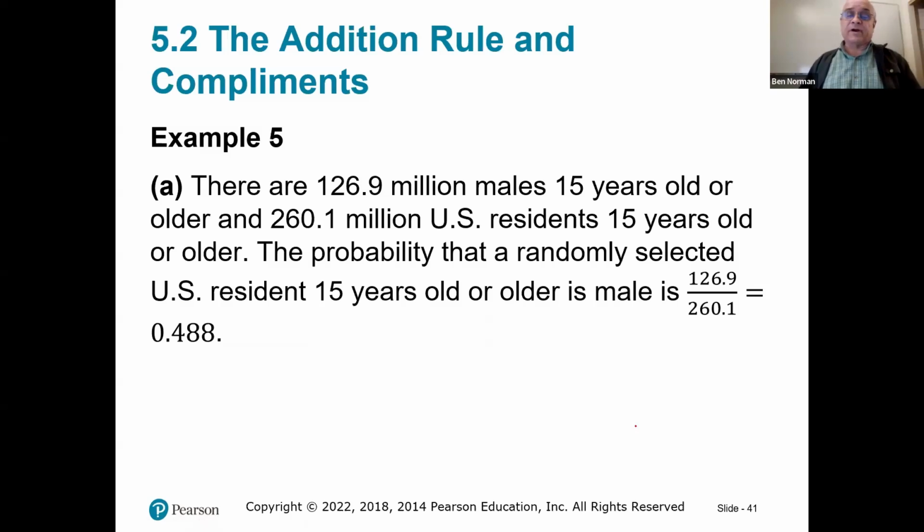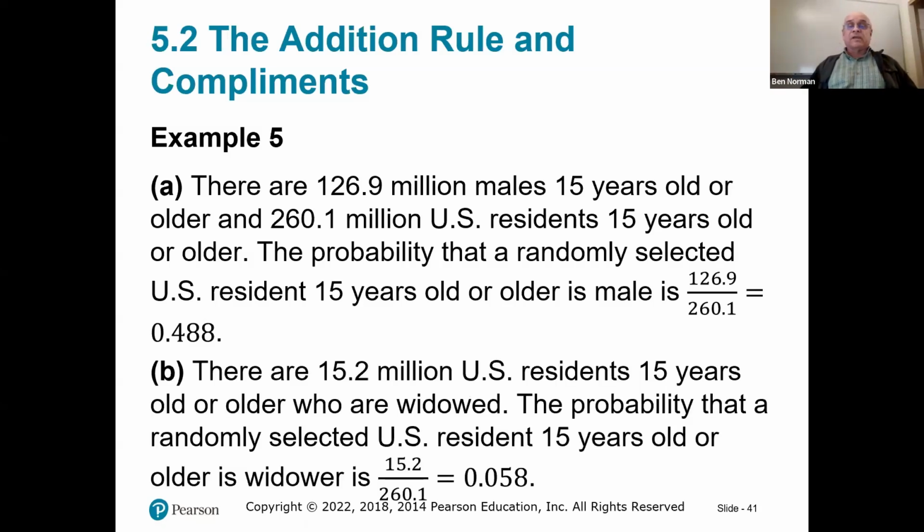For part A, there are 126.9 million males and 260.1 million U.S. residents. The probability that a randomly selected U.S. resident is male is 126.9 over 260.1, to give us 0.488.